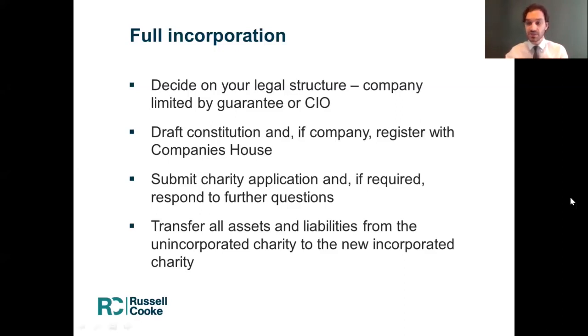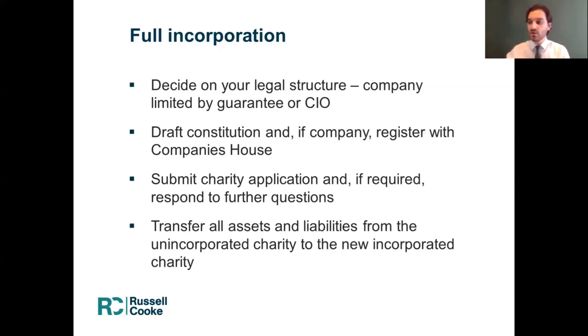The Charity Commission can sometimes take a while to respond. And companies can sometimes operate overseas potentially with greater ease if they're entering into lots of complex contracts overseas. Everyone the world over knows what a company is. Not everyone necessarily knows what a CIO is, as that's particular to the UK.